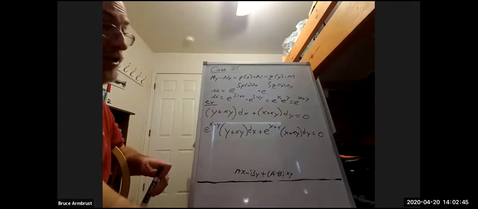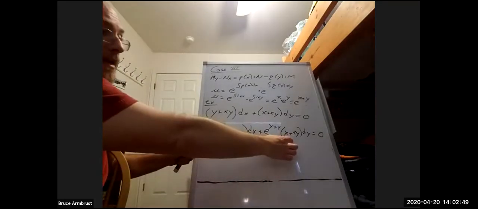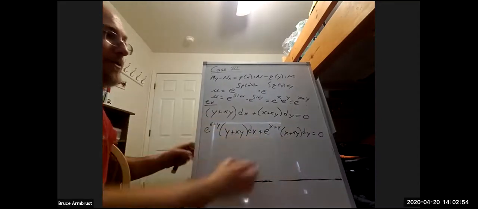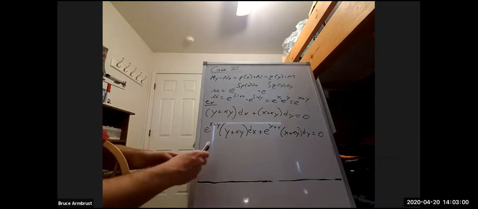Now I'll leave it to you to see that this new M and this new N, if you differentiate the first with respect to y and the second with respect to x, gets you the same thing. So I'm just going to jump to integrating.